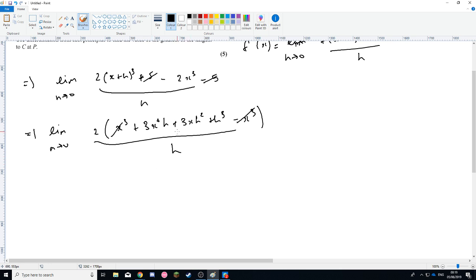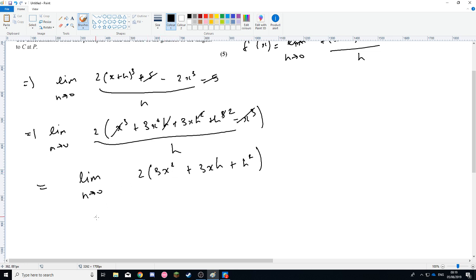The remaining terms are all in terms of h, so we can divide a power of h from each of them. That gives the limit as h tends to 0 of 2 times 3x squared plus 3xh plus h squared. At this point there's no fraction.